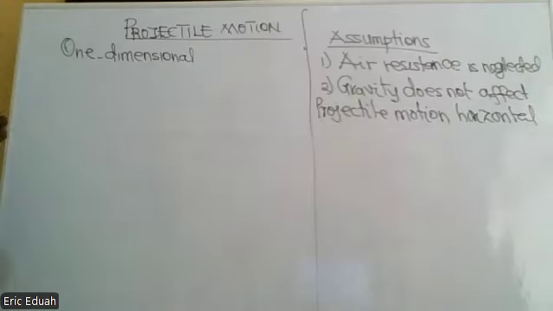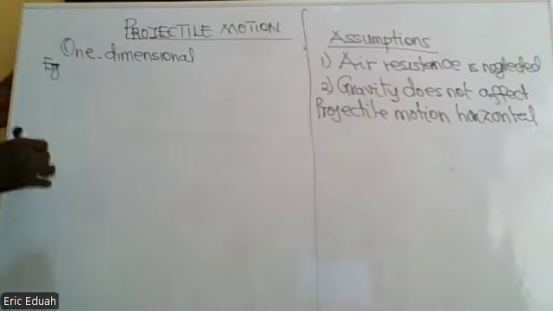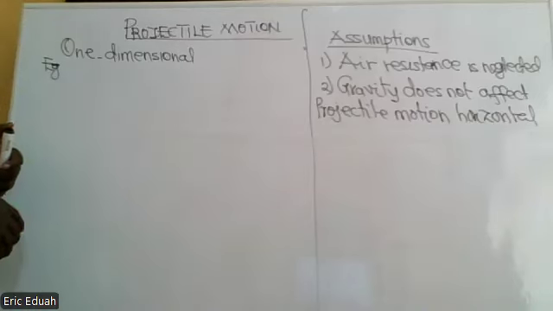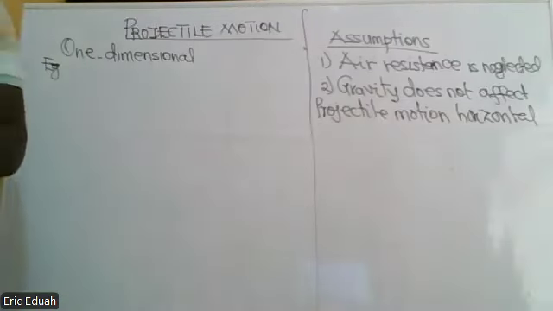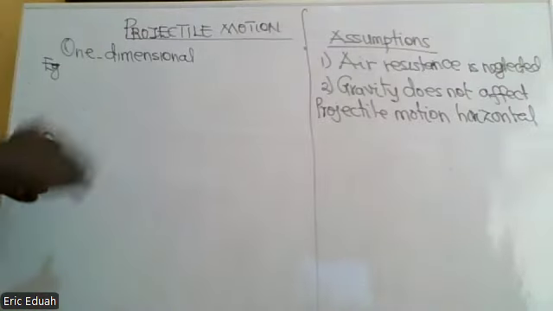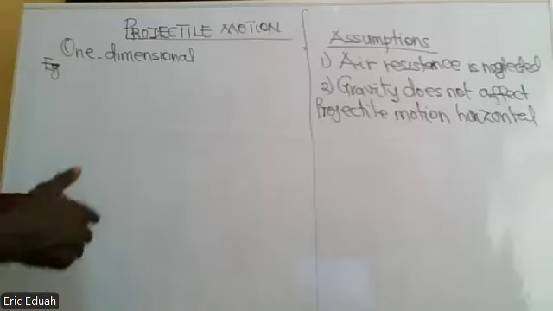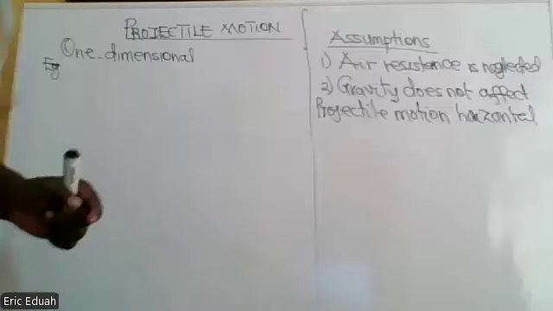So, a one-dimensional projectile motion example: when a tennis ball is solidly hit with a racket, or when you throw a shot put, not javelin. We are looking at hitting a tennis ball with a racket, and then throwing a shot put, one dimensional.